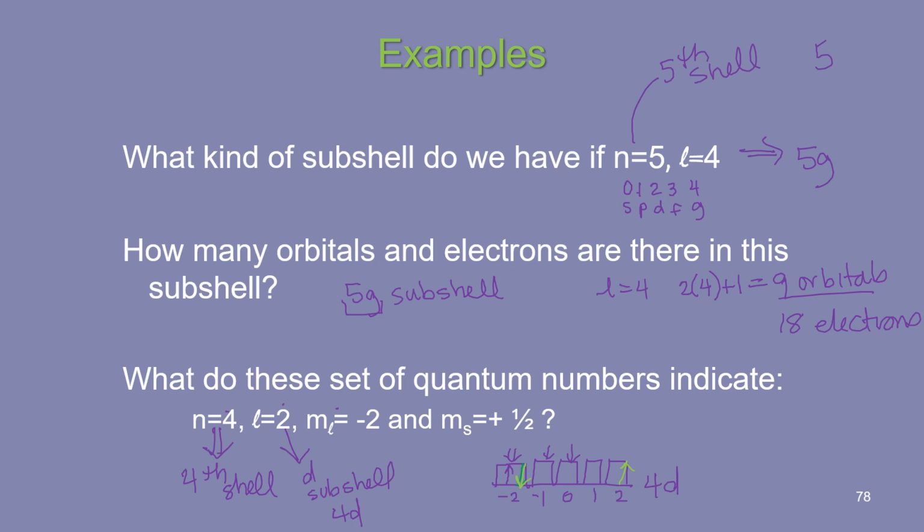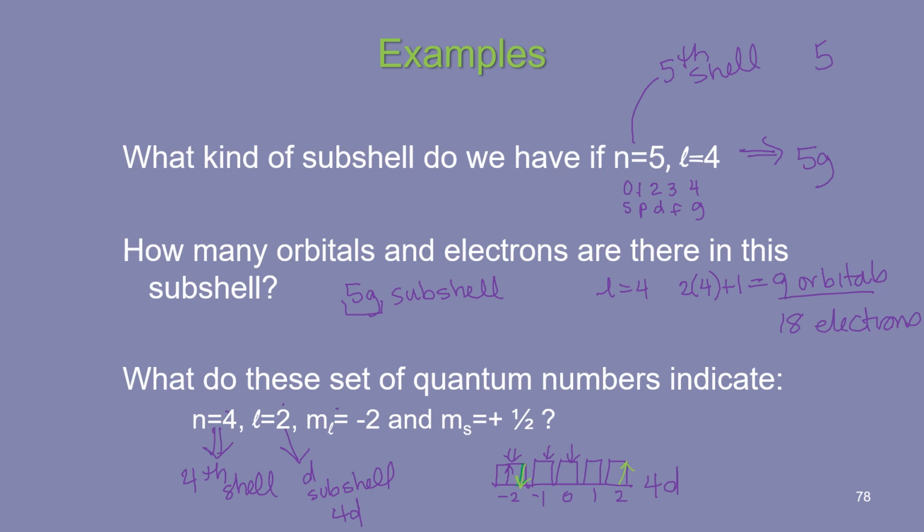I should have said this earlier, but I think of the shells as cities, like Abingdon, Damascus, Bristol, whatever. And the subshells could be like streets. City 1 only has 1 street.